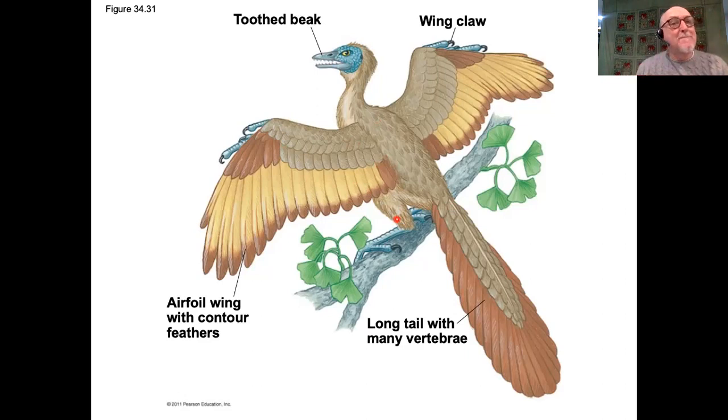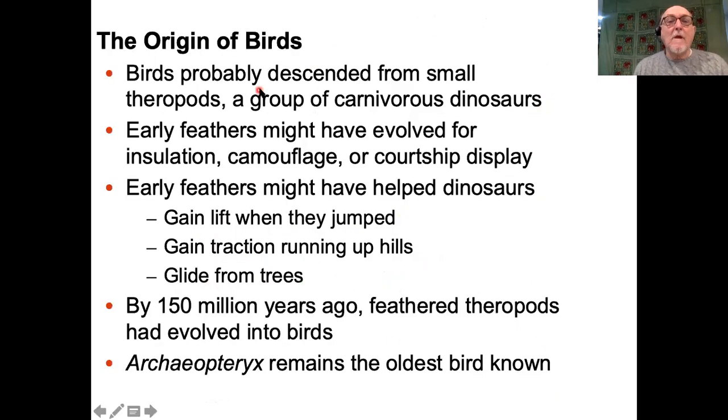Their original purpose may have been somewhat different to what we see now. There are two lines of thought. The first is that the development of feathers was mainly for insulation, for heat control.